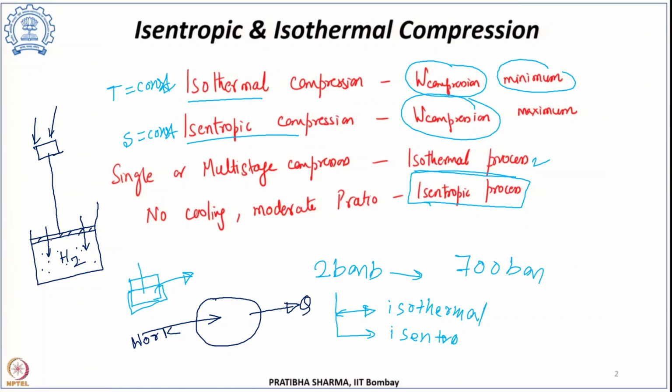Actually, when you compress the hydrogen, some heat will be generated and the temperature will be high, which means the heat is coming out. This is the output: work is input to the system and heat is out.